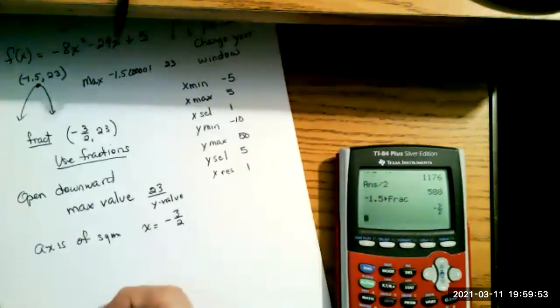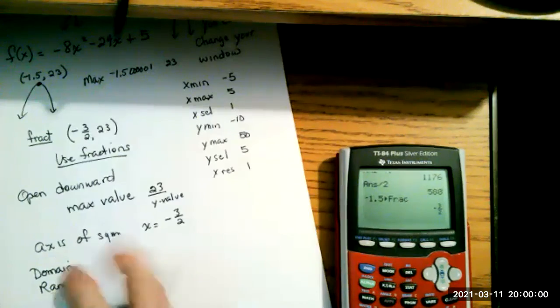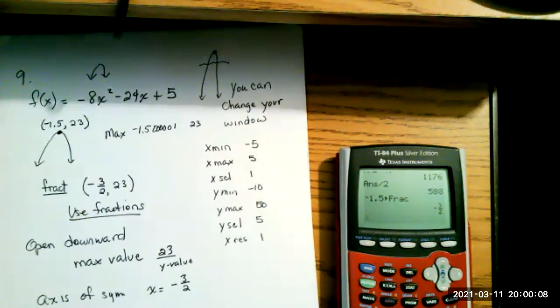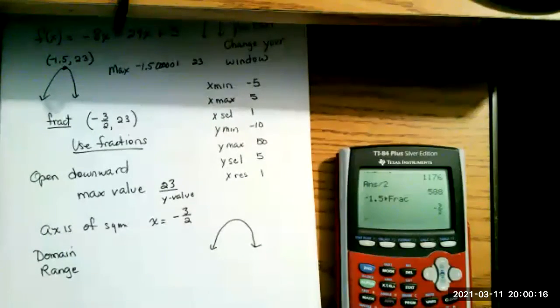Let's do range and domain. It's asking for the domain and the range. So what would be the domain and range of this? What's a domain? Here's my picture. X values. It's the x values.